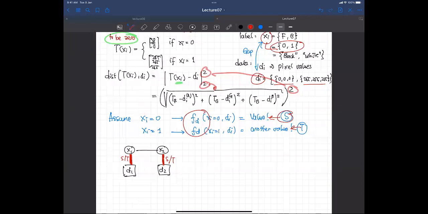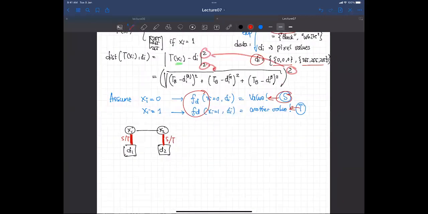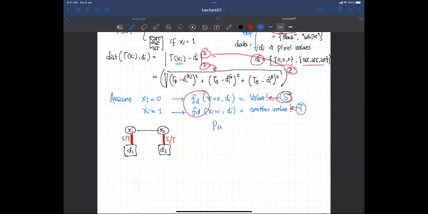But for the prior, you have xi and you have xj. You have 2 nodes. And it means you can assume xi equal to 0, xi equal to 1, and xj equal to 0 and equal to 1.